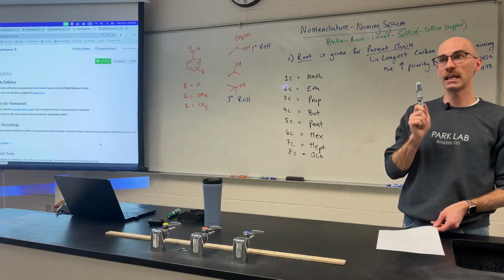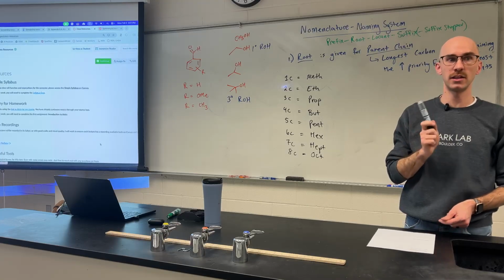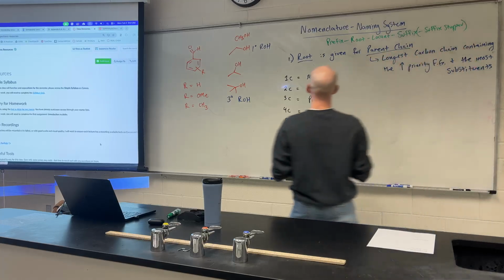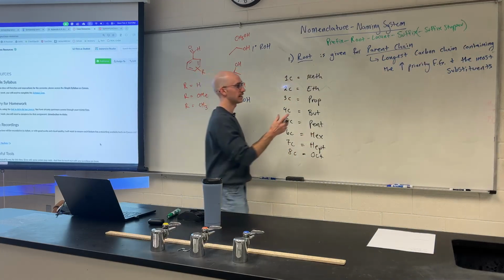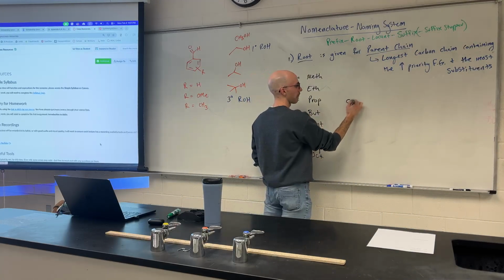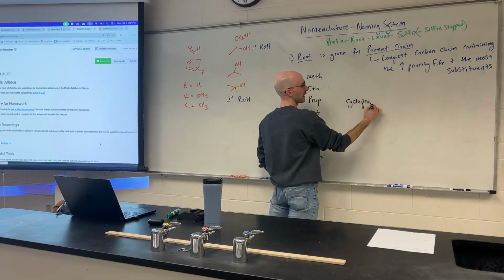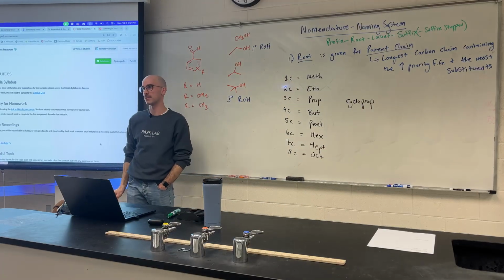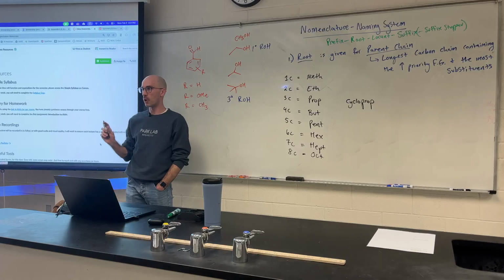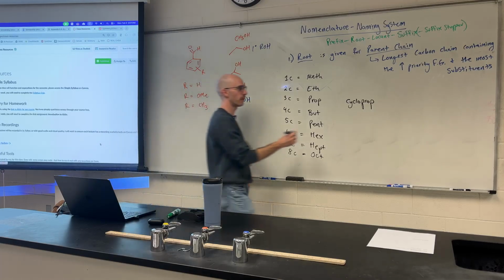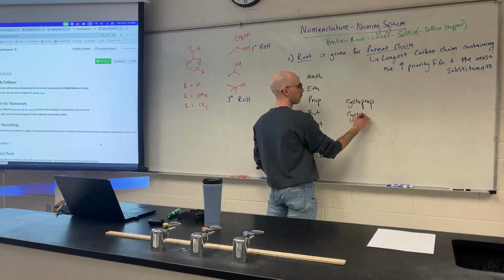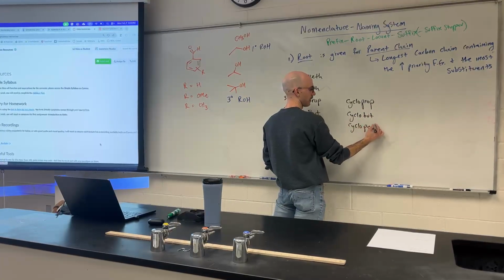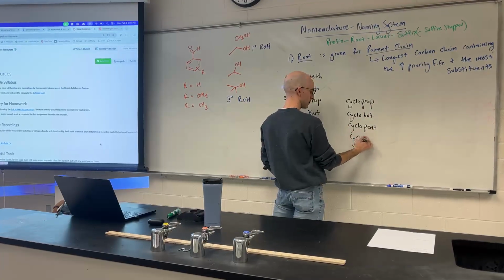However, if your longest continuous carbon chain is cyclic, then the root is given a cyclo in front of it. Unfortunately, we can't have two-membered rings. It's just not possible. But our smallest ring can be cycloprop, cyclobute, cyclopent, cyclohex.